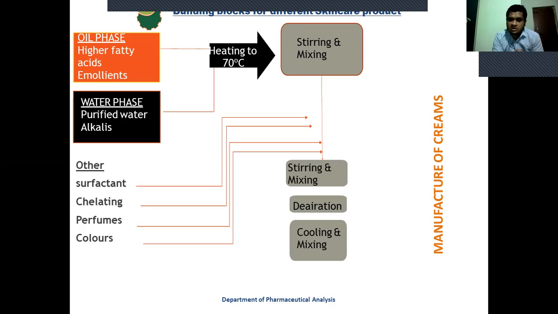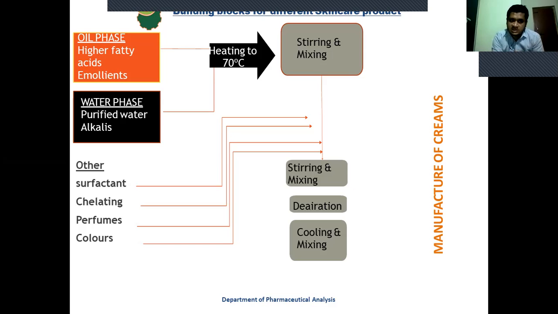Suppose the content of one beaker, you just pour into the other beaker, then remove it from the heating zone and continue the stirring. There should be vigorous stirring and mixing of the two phases. Then both phases will be mixed properly, and as the emulsifying agent is present, it will be a stable mixture.